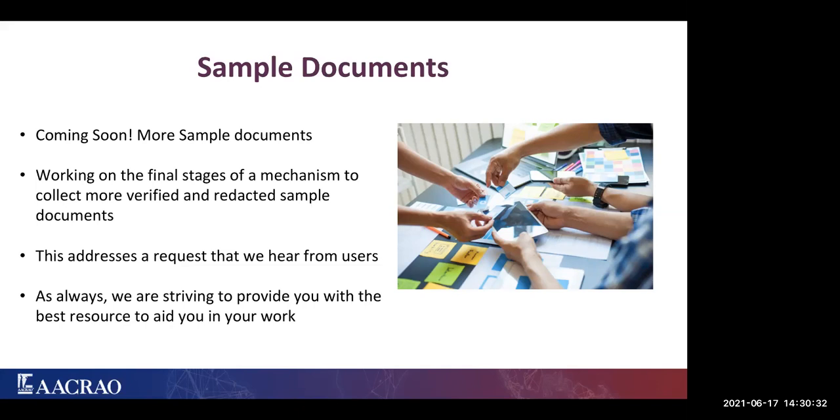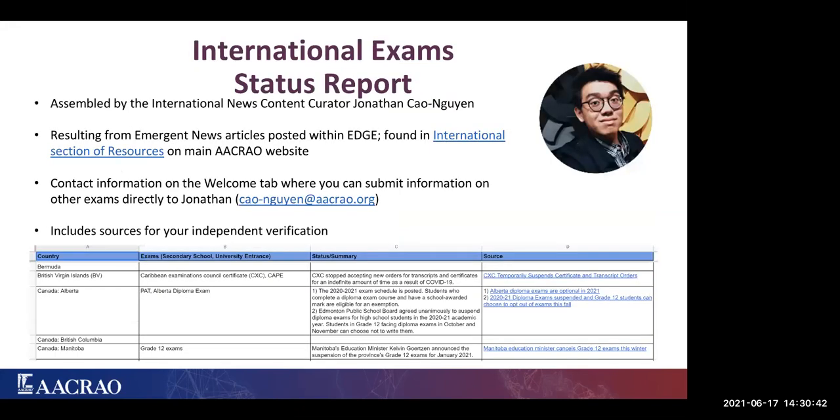And one other thing that is available right now, if you navigate to the ACRO website, there is an international exam status report. On the next slide, there's a little bit of information about Jonathan Cownwin, who is our colleague who puts all of this together. He has been scouring the internet, searching for information on exam status, delays, changes, updates.